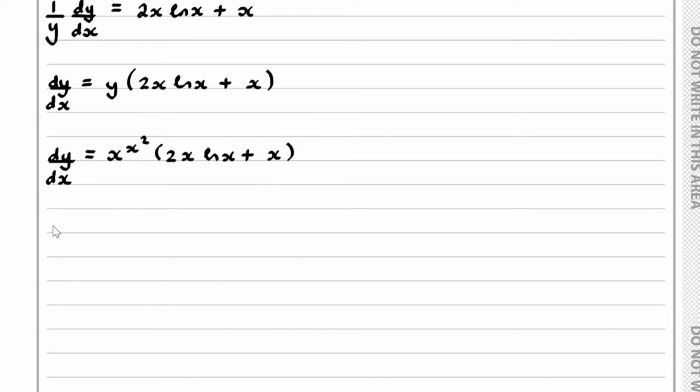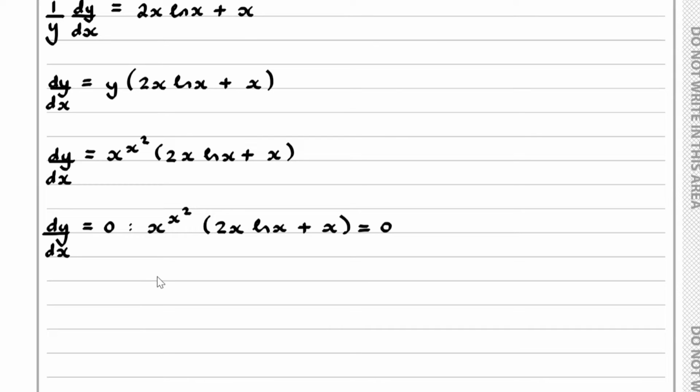And now we wish to find the x-coordinate of the stationary point. In other words, if we have dy over dx equaling 0, then we have x to the x squared multiplied by 2x times the natural log of x plus x equaling 0.